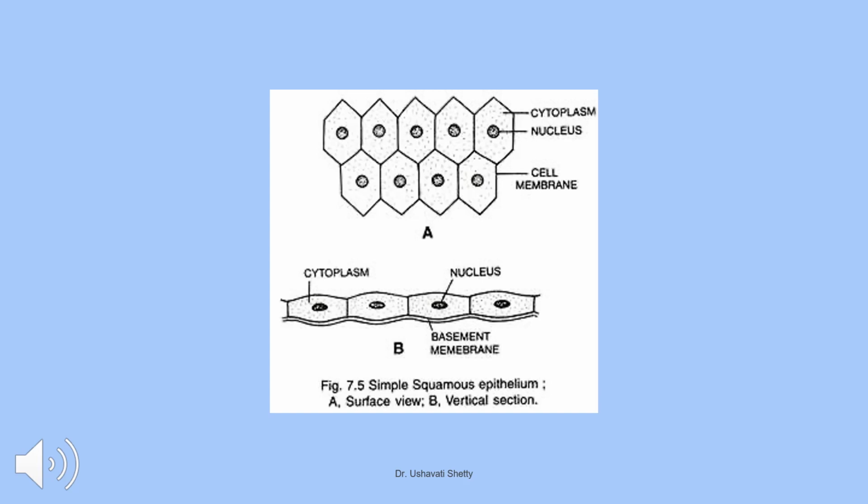Location: you will find this kind of a tissue in the lining of the mouth, esophagus, nasal cavities, blood vessels, lymph vessels, etc. Function: it protects the underlying parts from mechanical injury, chemical injury, entry of germs, and drying up. It also helps in diffusion and exchange of materials.